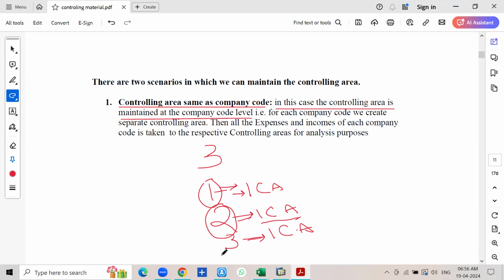Then the expenses and revenue information of company code 3 will be transferred to the third controlling area. Then they are analyzed in the respective controlling areas. That is the meaning of controlling area same as company code. So for each company code, we create a separate controlling area, and all the expenses and incomes of each company code are taken to the respective controlling areas for analysis purposes.